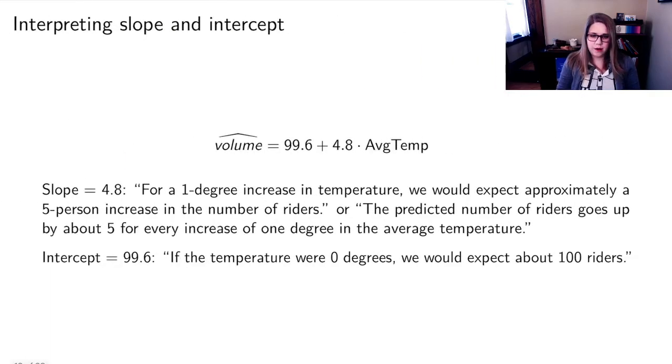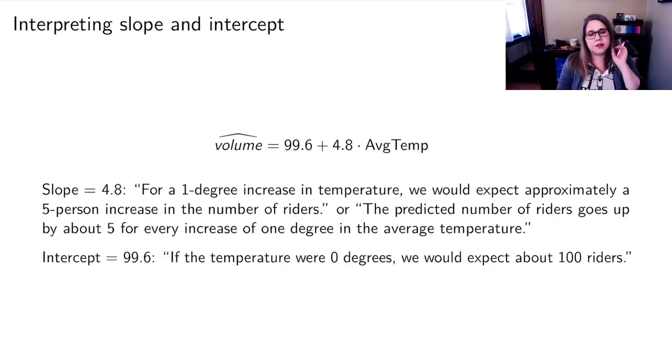So let's think about interpreting the slope and intercept from my model. The slope is the 4.8 value. It's the thing that gets multiplied by my x. And here's my favorite way to write the sentence: for a 1 degree increase in temperature, we would expect approximately a 5 rider increase in the number of riders.